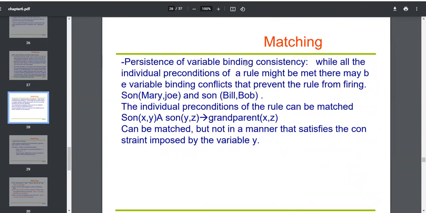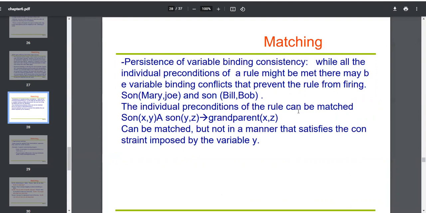The third is persistence of variable binding consistency. While all the individual preconditions of a rule might be met, there may be variable binding conflicts that prevent the rule from firing. Son Mary, Joe and son Bill, Bob: the individual preconditions of the rule, son X, Y and son Y, Z implies grandparent X, Z, can be matched.